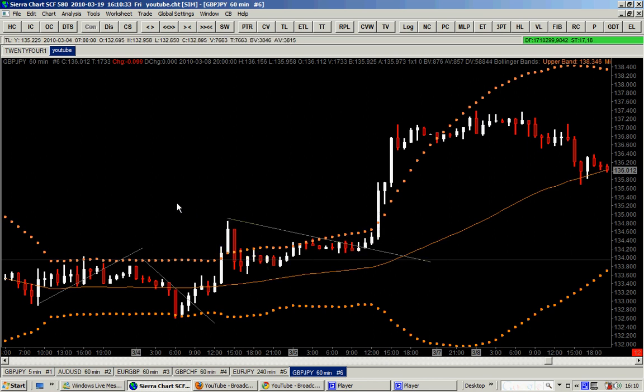We know that we are out of the box now, and we can buy, plus the slope of this simple moving average 50. So that's how you use the quiet period and also wait for the Bollinger Band to direct you towards the next trend.